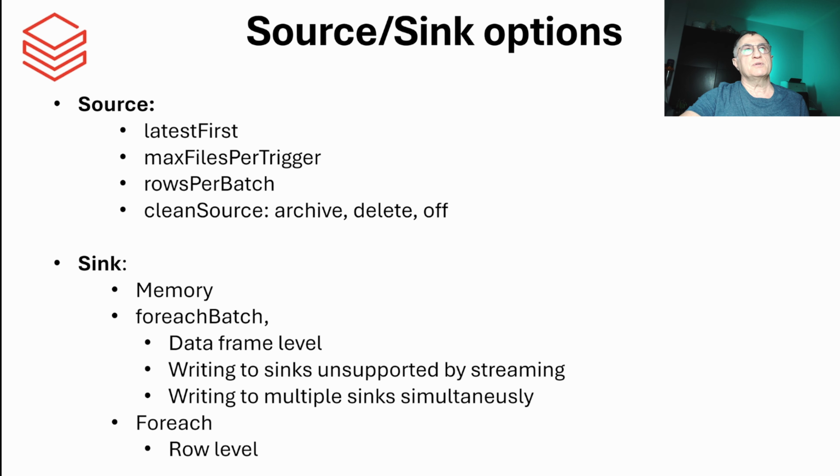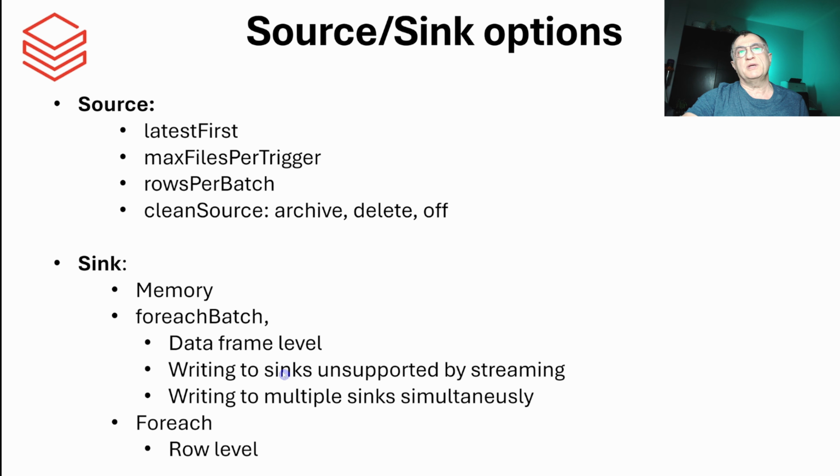Now, in terms of sink options, we have already seen how to write into delta tables. Some other popular options are the memory option. Then there are a couple of custom sink options. So the foreachBatch method allows you to specify a custom function, within which you can use static data frame methods to perform some operations which you normally cannot do using standard stream APIs.